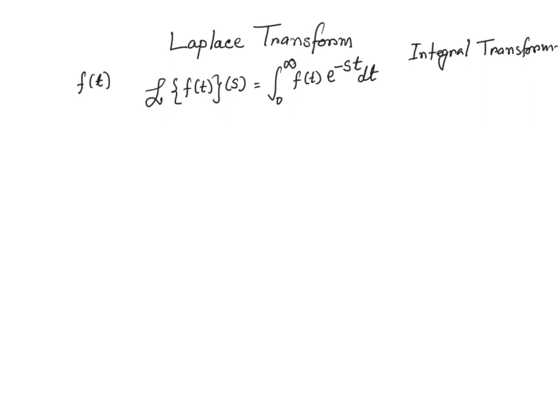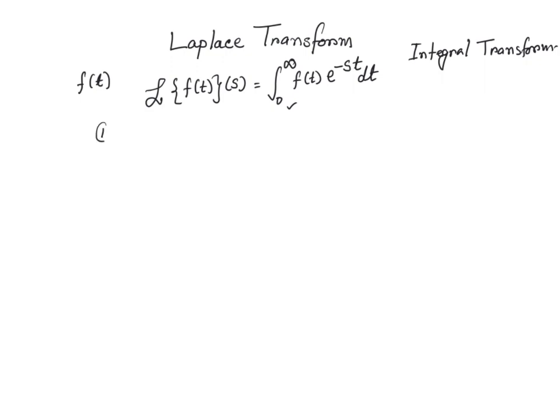Since this is an improper integral, sometimes it converges, but sometimes it may not converge. If this integral converges, then we say that the Laplace transform of the function f of t does exist. On the other hand, if this integral does not converge, then the Laplace transform for that function does not exist.